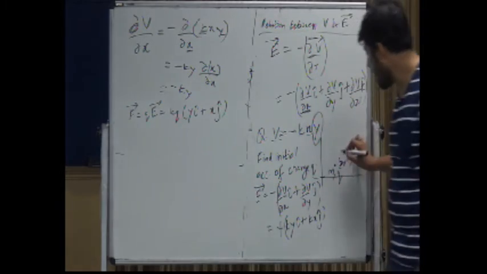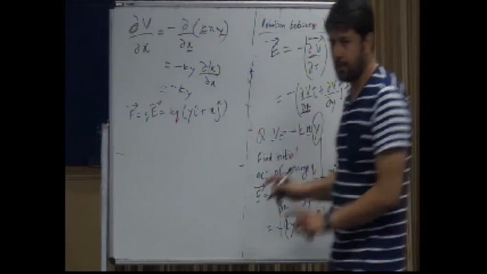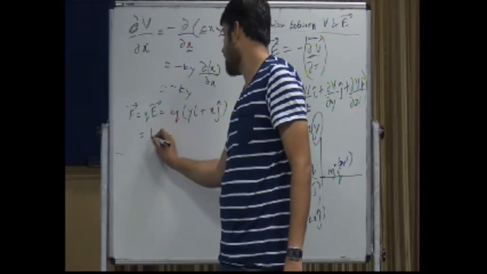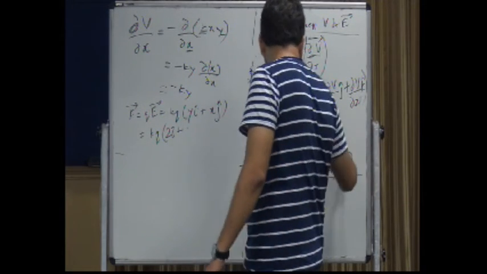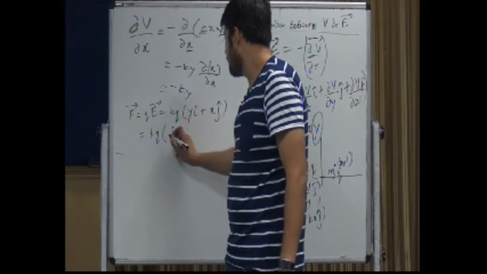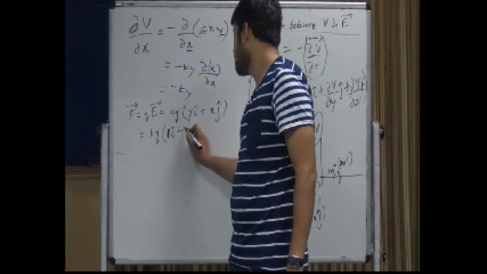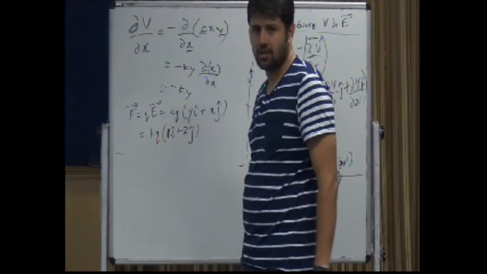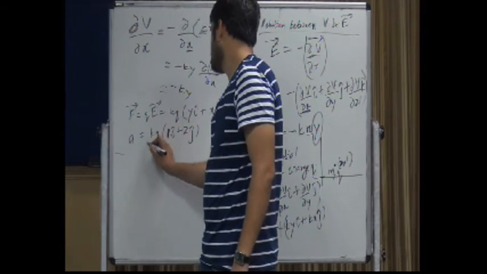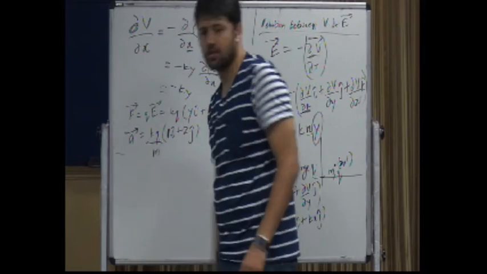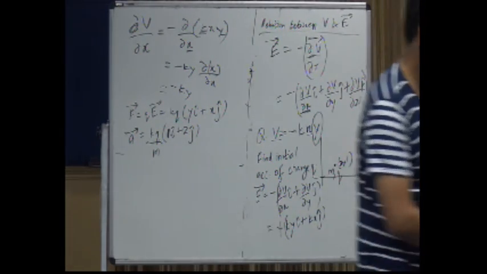So force at this point would be, y was 1, so 1 i cap plus 2 j cap, x was 2. This is the force and acceleration would be this upon m. This was the question.